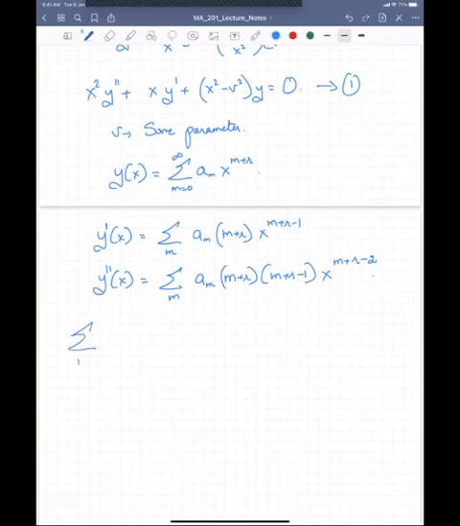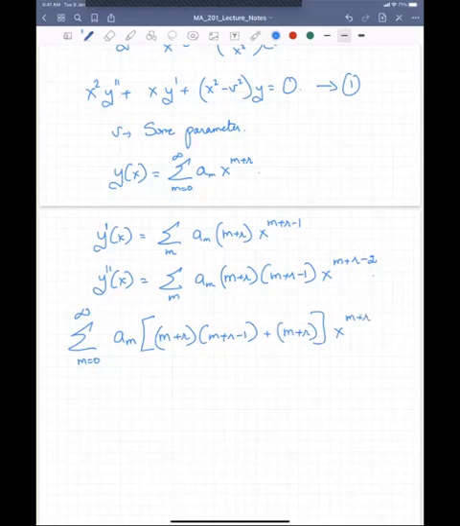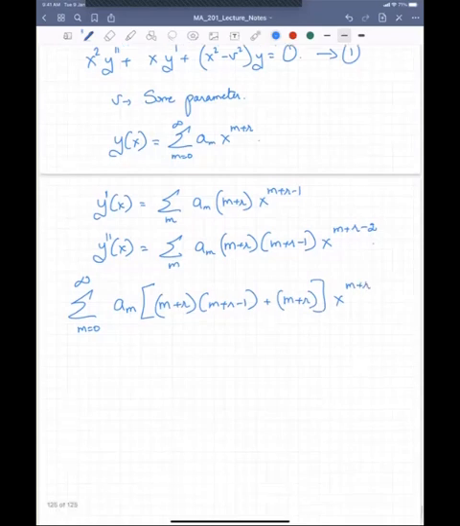So I can write them together. a_m, the first term is (m plus r)(m plus r minus 1), and the second term, of course, is plus (m plus r). The whole thing multiplies x to the m plus r. That is the y double prime term and the y prime term.